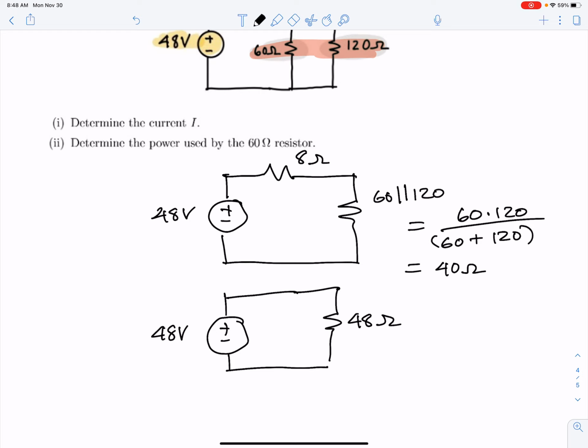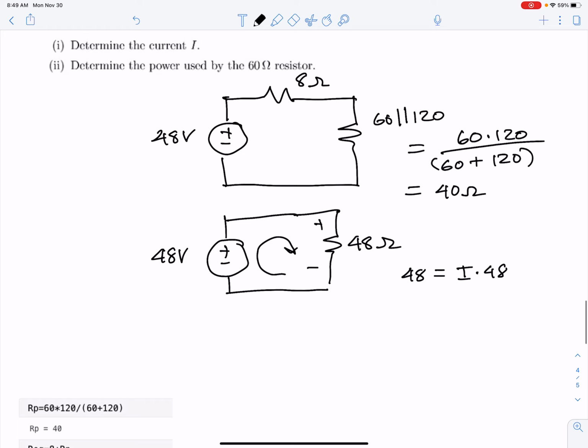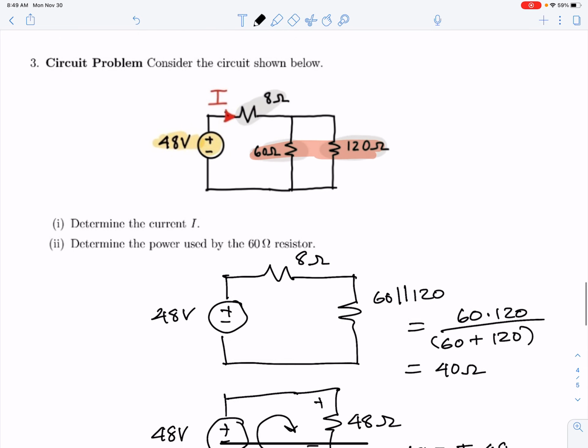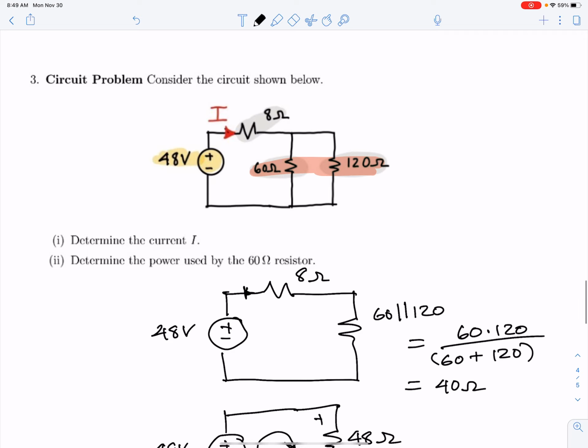The voltage across the resistor, writing a KVL loop, would be 48 volts, and V is equal to I times R. You solve for I, and you get 1 amp. So that was an easy part of the problem. I now know this is 1 amp right here.